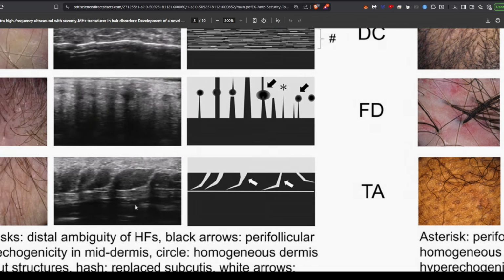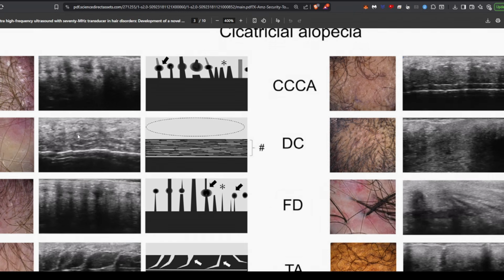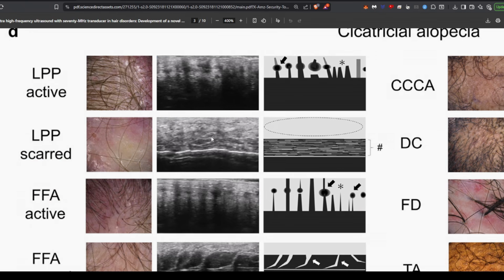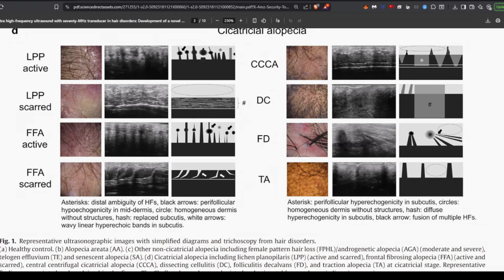And if we're looking at a quick overview, depending on how deep the fibrosis is, this is going to the subcutis. That kind of indicates, with lichen planopilaris, how severe this kind of scarring alopecia is. But pretty much they have a similar pathology.